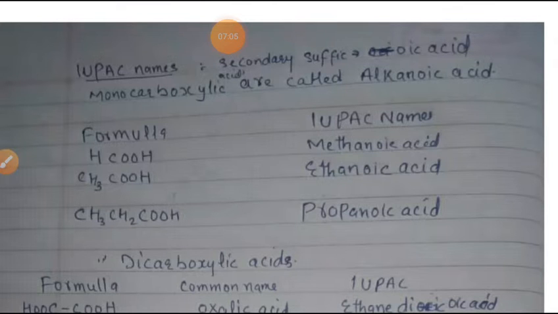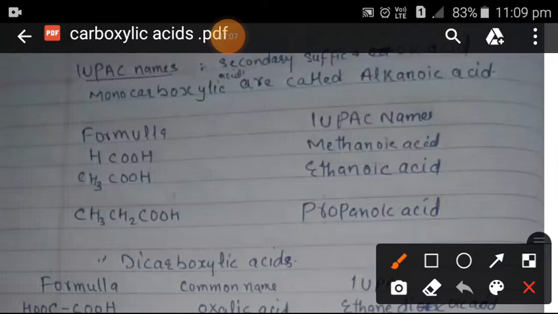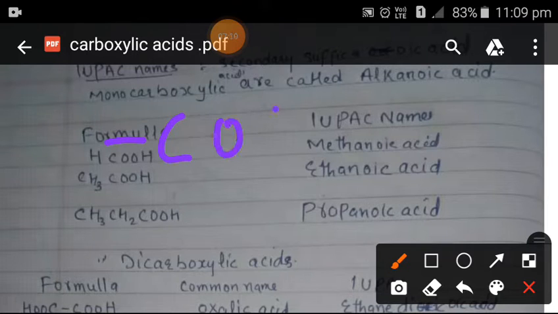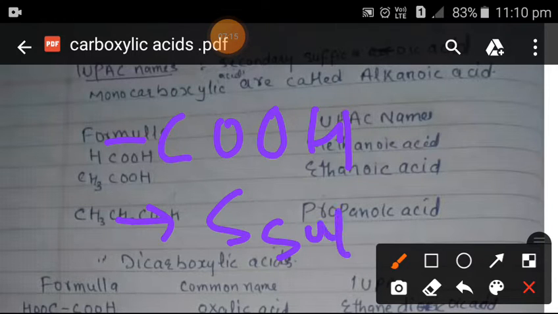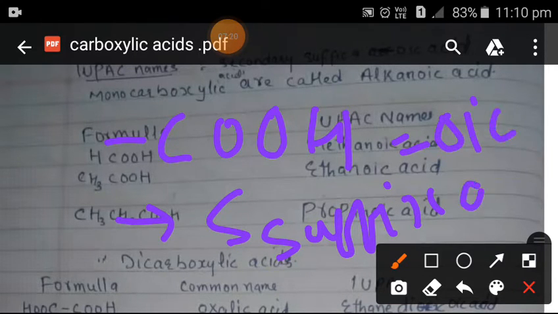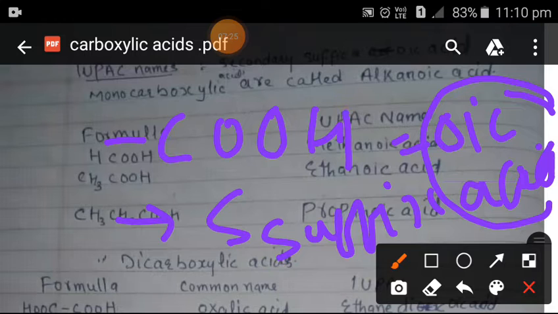The functional group is carboxylic acid, and its secondary suffix is oic acid. You must remember that the secondary suffix of carboxylic acid is oic acid. Accordingly, you can write the name of the compound by following the IUPAC nomenclature.